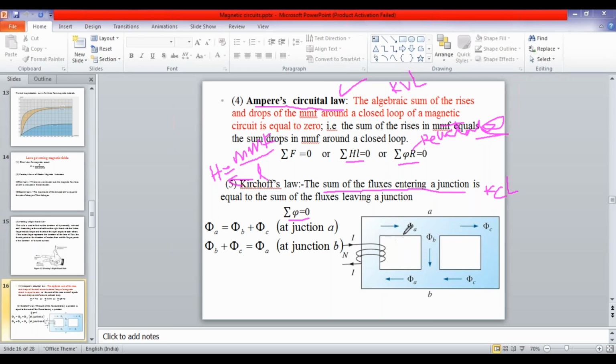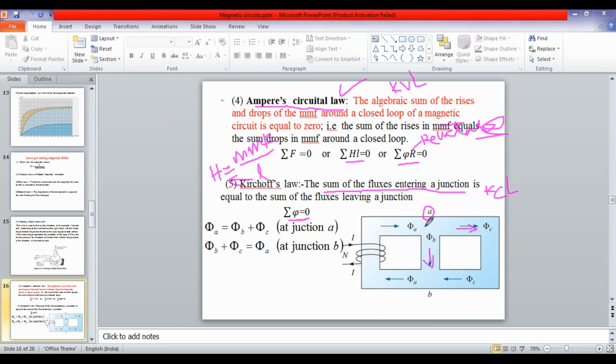Now we will try to solve an example. Kirchhoff's magnetism law says that the algebraic sum of fluxes at a junction is equal to 0. Let me take an example. This is a magnetic circuit. In this magnetic circuit, this is the flux phi A path, this is the flux phi B path, and this is the flux phi C path. Now this is a junction.